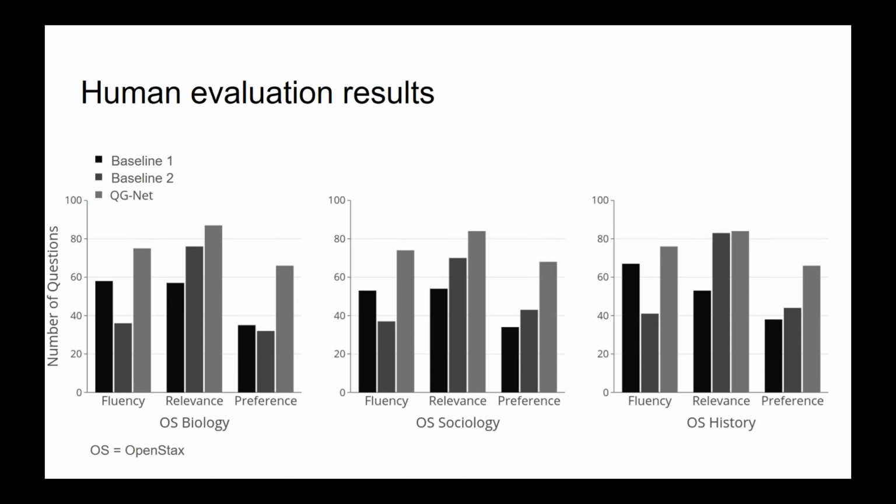This is a bar plot showing the human evaluation, the human perception of the generated questions. The higher the bar, the better. The highest bars are the evaluation results for our model, and the left two are for the baselines. So you can see that the model generates questions that are on average interesting and good enough.